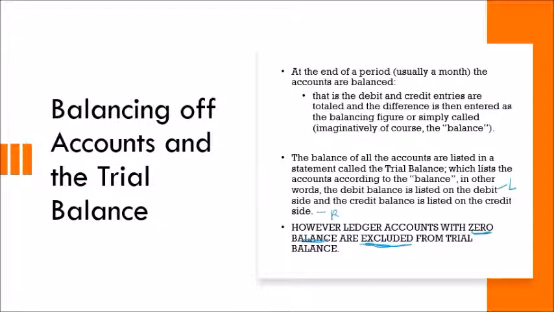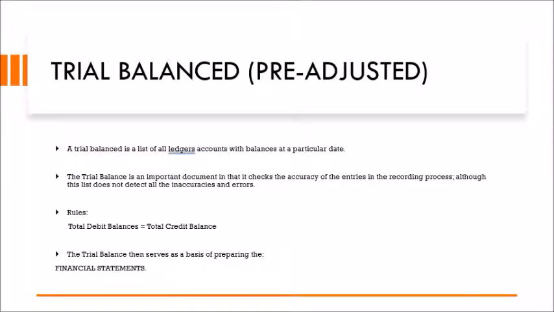so let's look at an example. Okay, so for this slide we'll be focusing on the trial balance. So you have seen the trial balance in the example, so let's go through it theoretically. So a trial balance is a list of ledger accounts with a balance at a particular date. Okay, a trial balance is an important document in that it checks the accuracy of the entries in the recording process, although this list does not detect all the inaccuracies and errors.